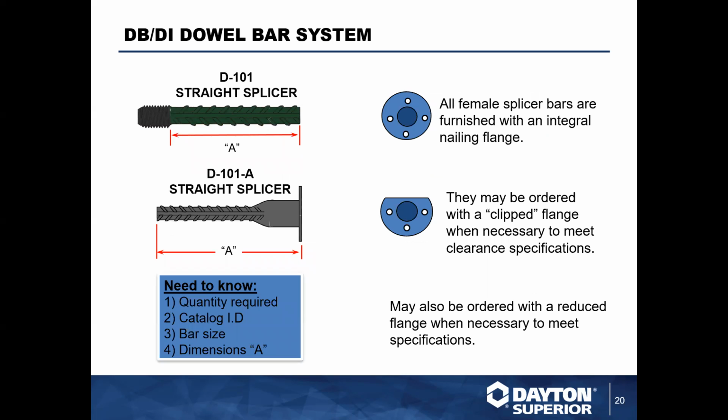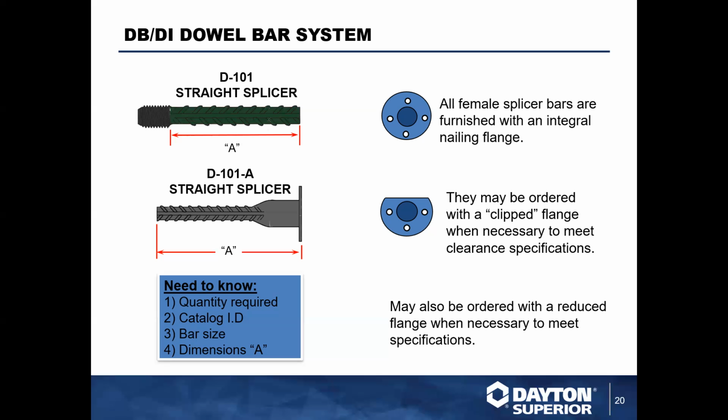You can see here, all female bars are furnished with an integral nailing flange. Sometimes the nailing flange is not perfectly round. The nailing flange is formed when they pierce the center hole where you're going to tap, and then the hot steel comes out to form the washer. That washer is not structural.